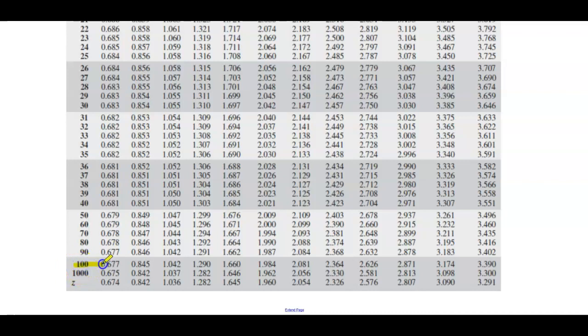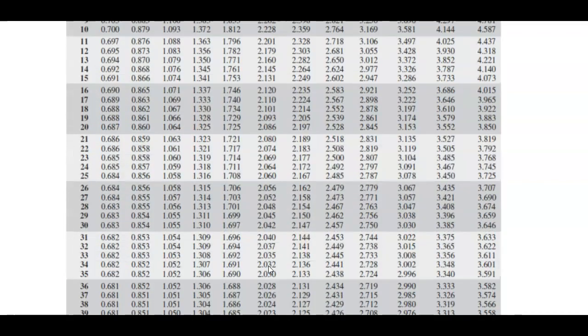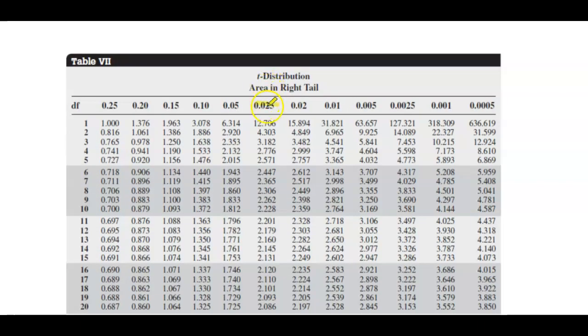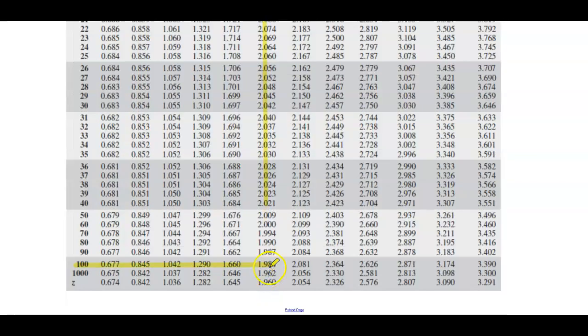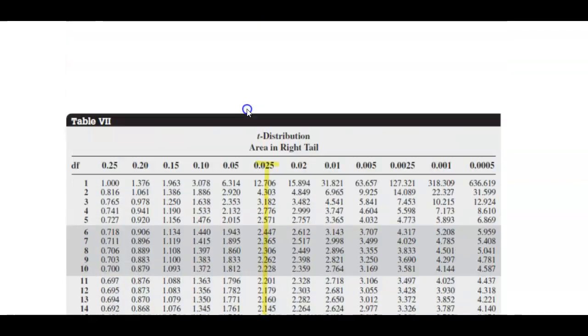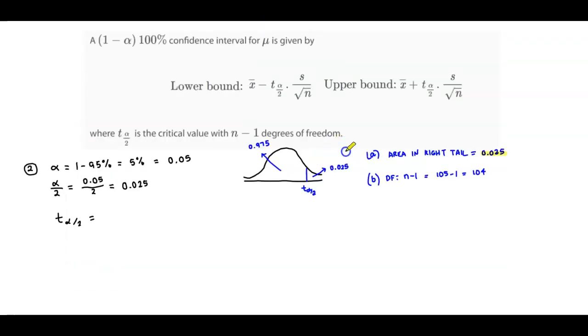If we scroll to the right and go all the way down, we see that it gives us this value here. So we end up getting a critical value of 1.984.